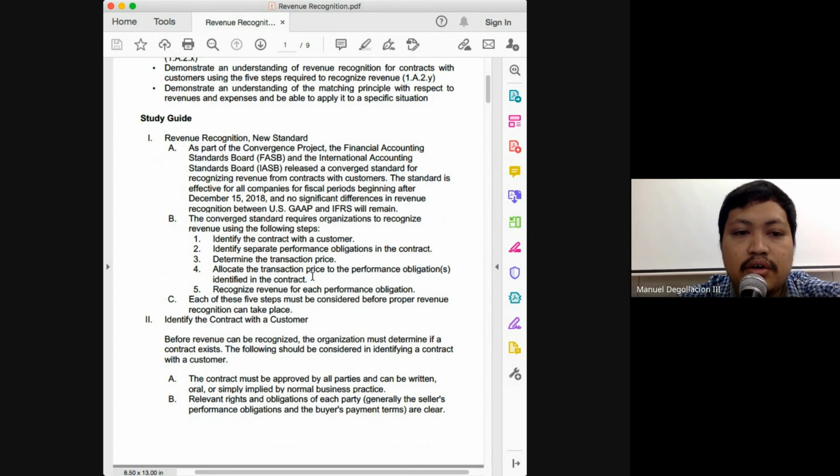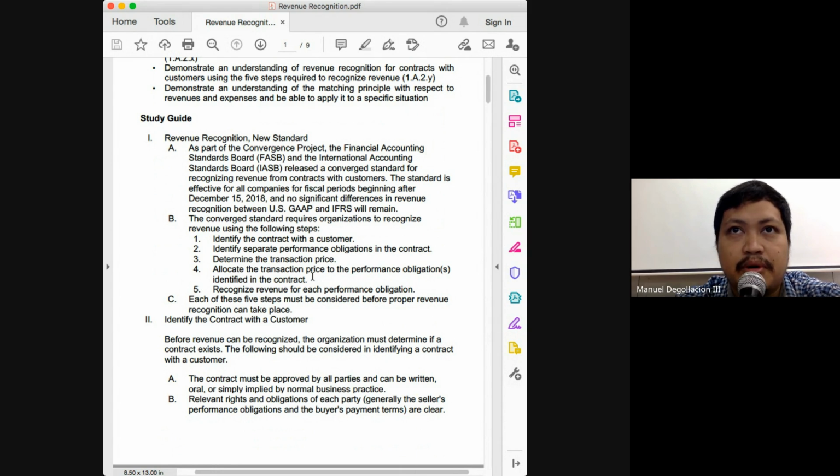Identify the contract. Second thing you are to identify, performance obligations. Number 3 is determine, and what are you going to determine? Determine the transaction price. Number 4, allocate the transaction price. Number 5, recognize the revenue.